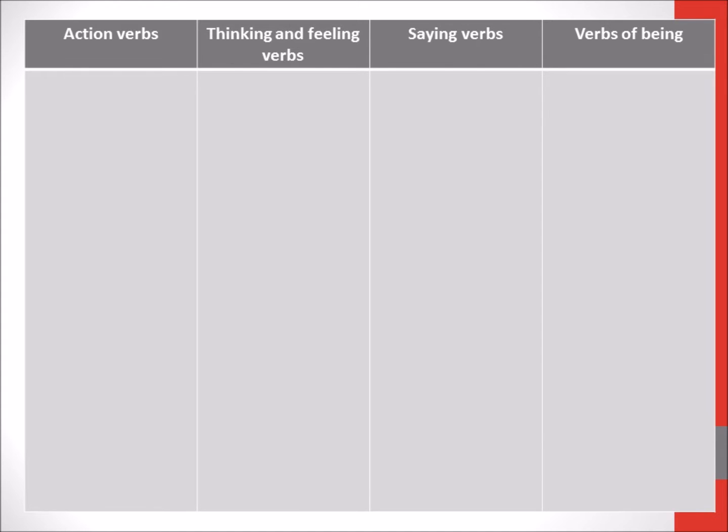Action, thinking and feeling, which are often called sensing verbs, saying verbs, and verbs of being or having. Okay, so what I'd like you to do is to take the verbs that you found from Cat and Fish, press pause here and see if you can sort them into what type of verb they are.